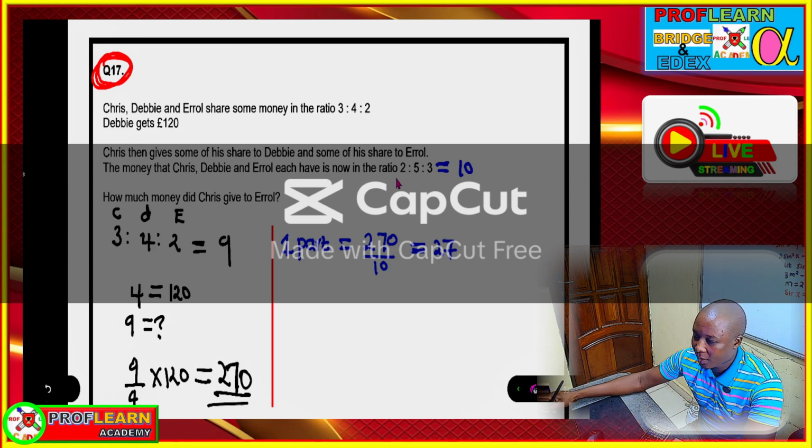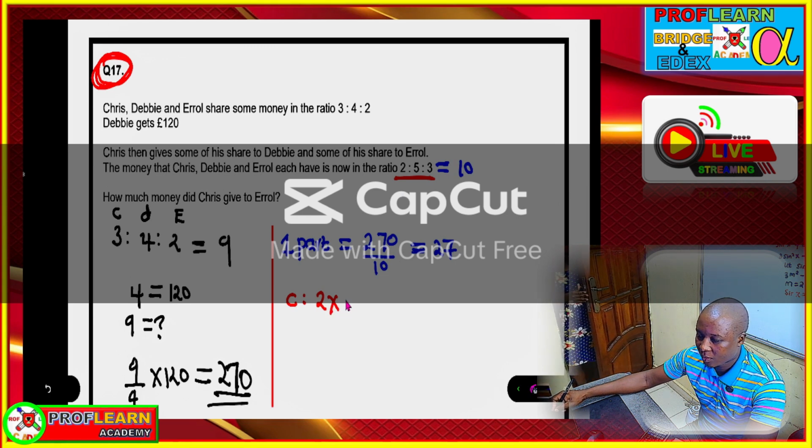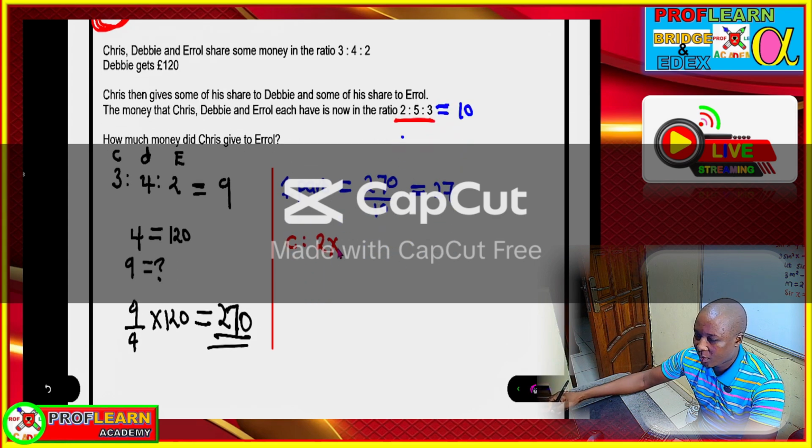So for this particular ratio that we have here, we can talk of Chris. Chris will be having 2 times what? 2 times 27, and that is going to be 54.